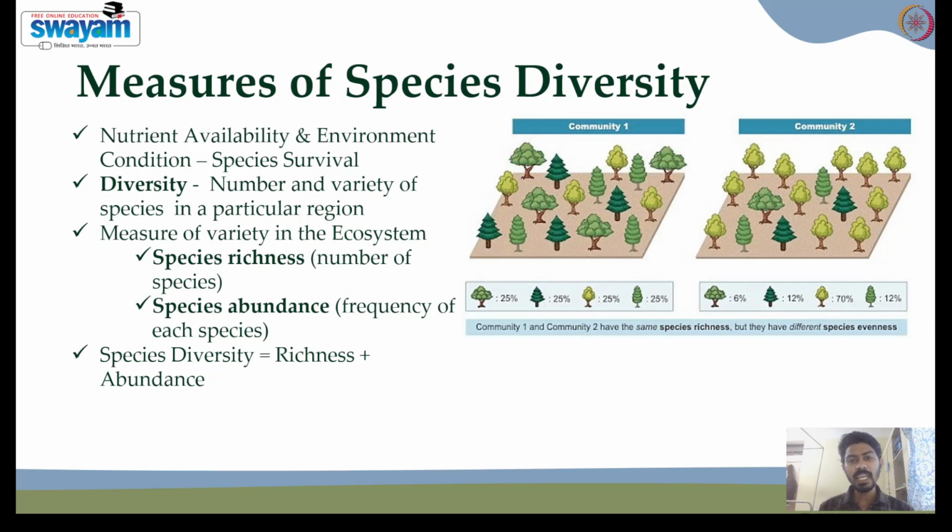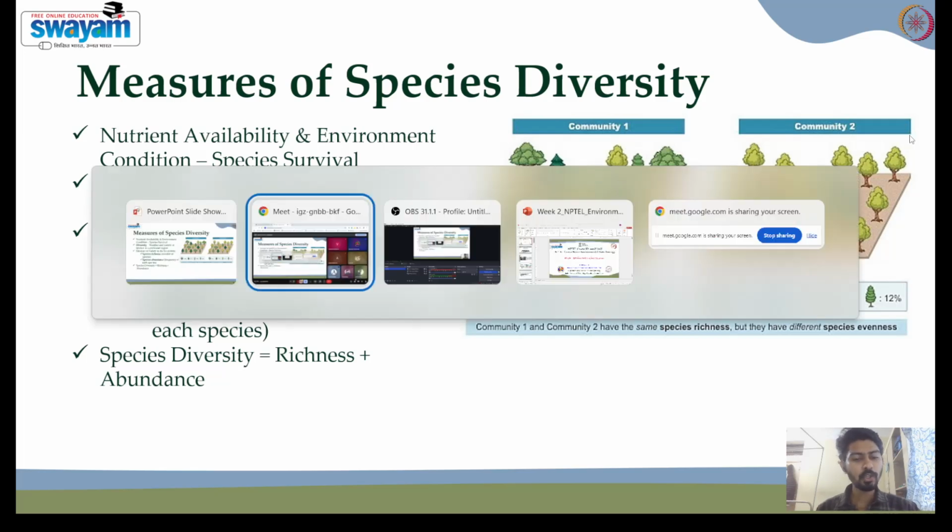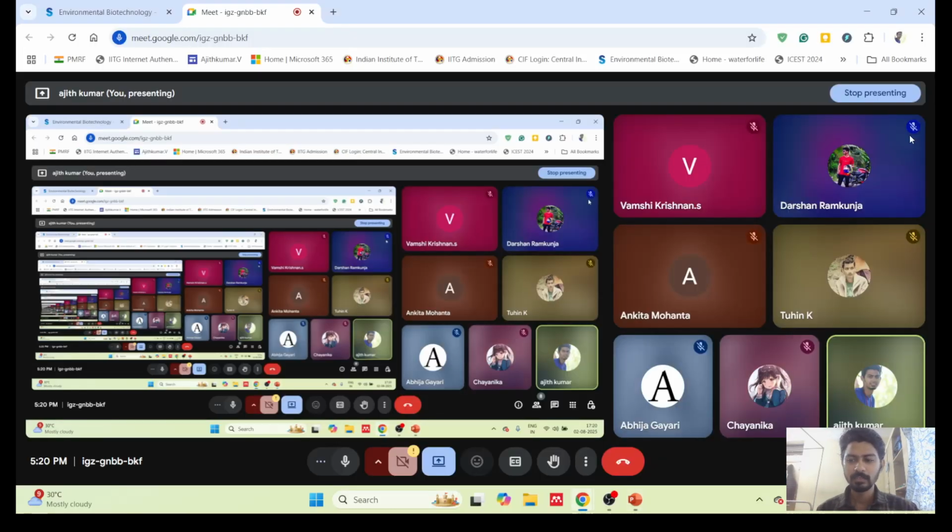For any microorganism to survive, what are the two things we need? Anyone? In order for any species to survive, what do you need?